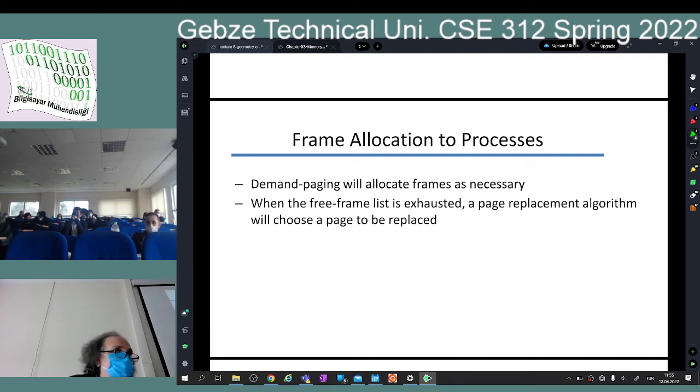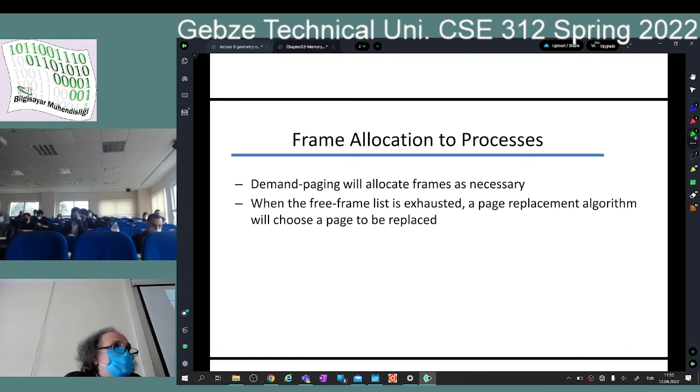If it needs extra pages, then you load them. This is called demand paging. You don't load any pages in advance by anticipating that you will need them anyway. So demand paging will allocate frames as necessary.